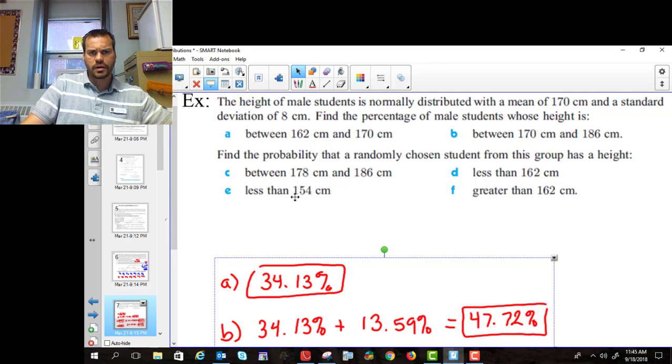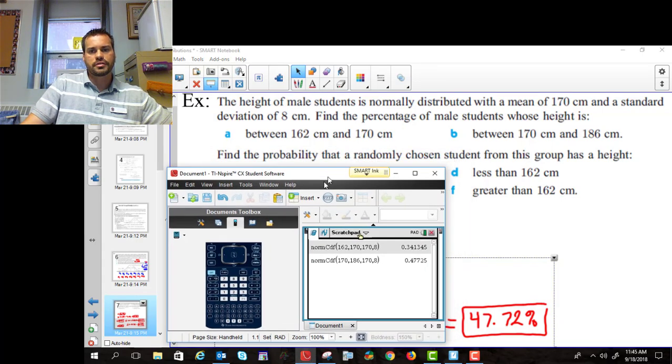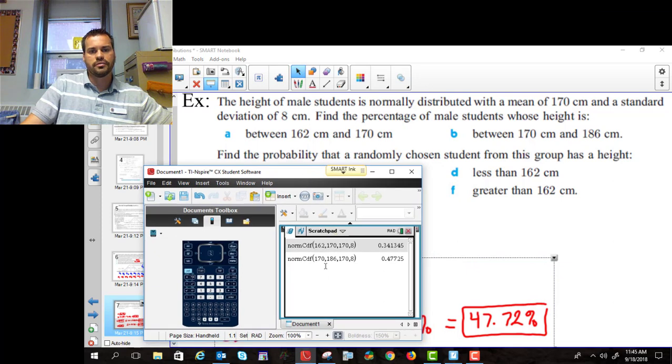So we're going to skip down to this one. It says less than 162. When I go to do my normal distribution and I want less than 162, I have to put in a lower bound, because it goes lower bound to upper bound, but the lower bound is not actually a number. It's not giving me 10 or 12 or anything like that. It just says less than 162.